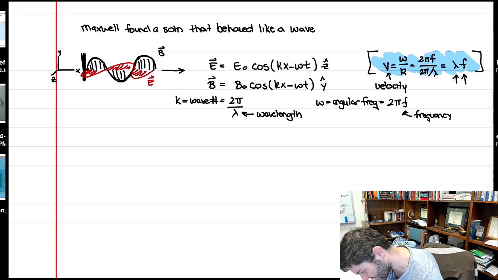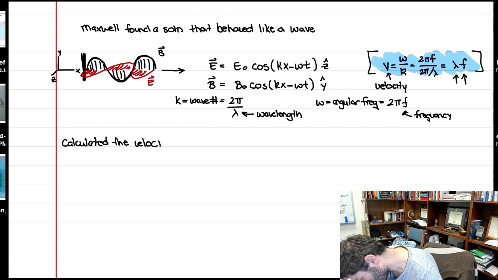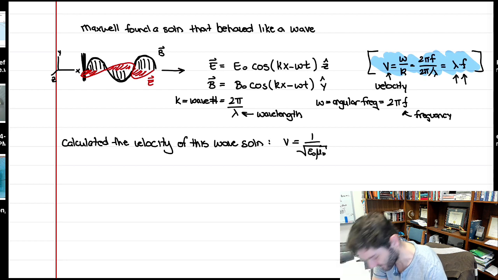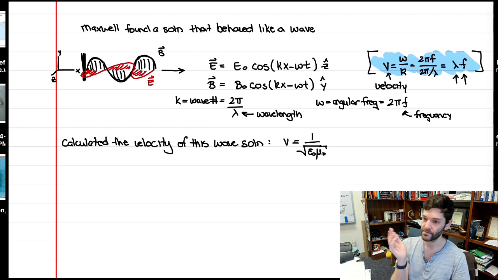So he calculated the velocity using Maxwell's equations. And he found that the velocity was v equals 1 over the square root of epsilon naught times mu naught in a vacuum, which also is pretty close to what it is in air.